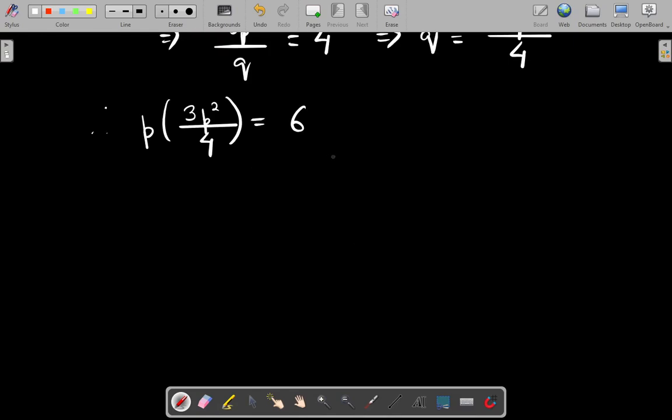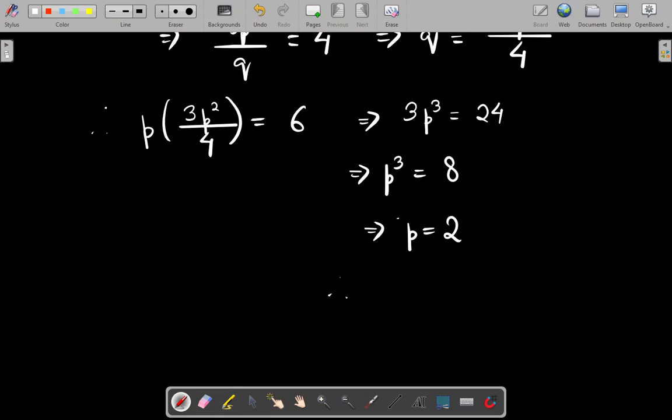So from this equation, the numerator becomes 3p cube, and if I cross multiply this 4 to the other side, this will become 6 times 4, which is 24. So this implies p cube is equal to 8, and since p and q are natural numbers, positive integers, p will be equal to 2, right? So we have got the second value.